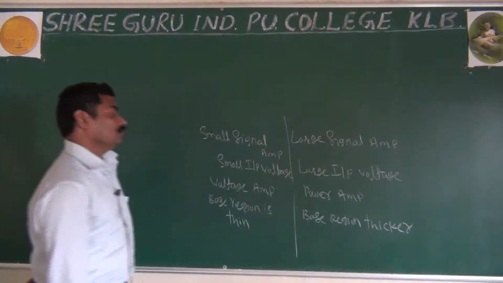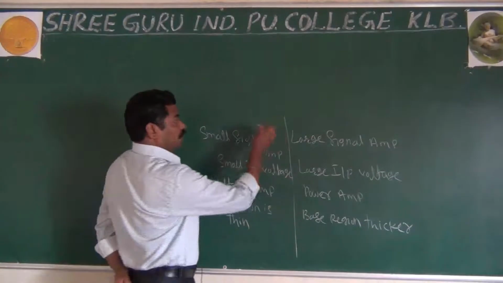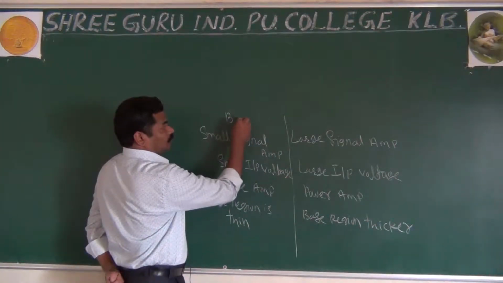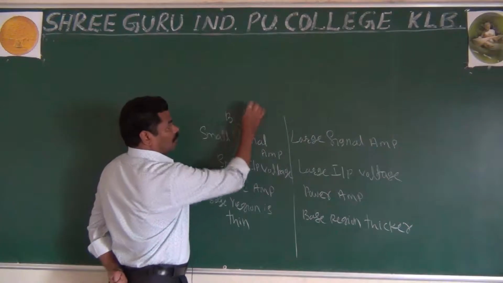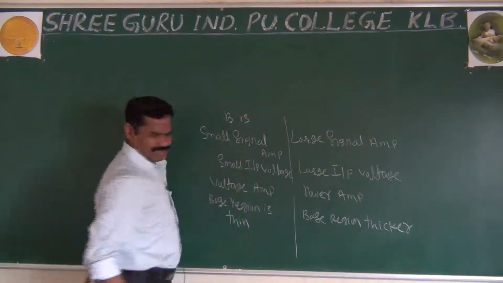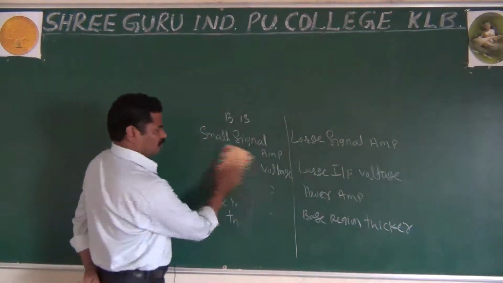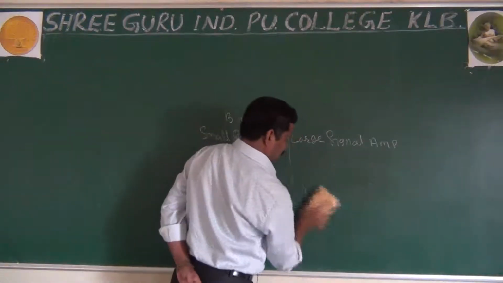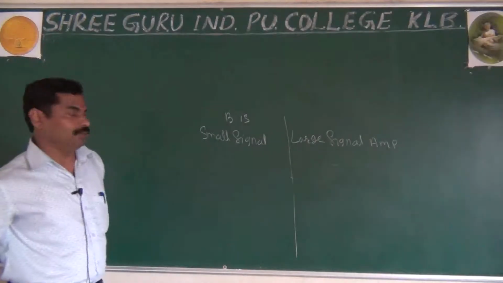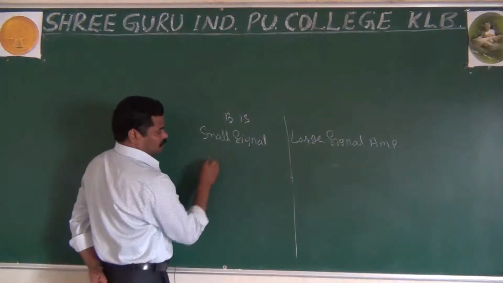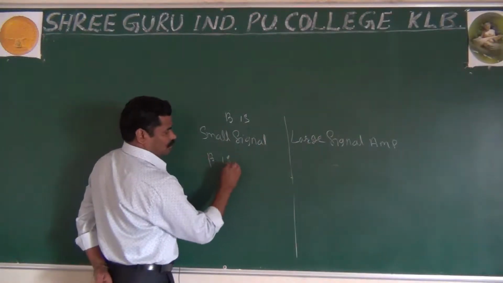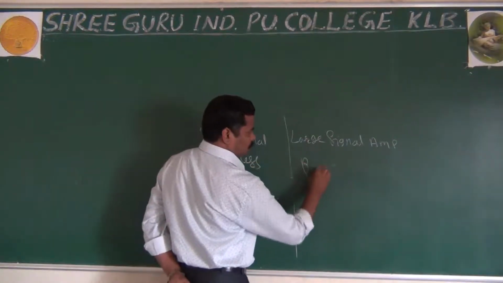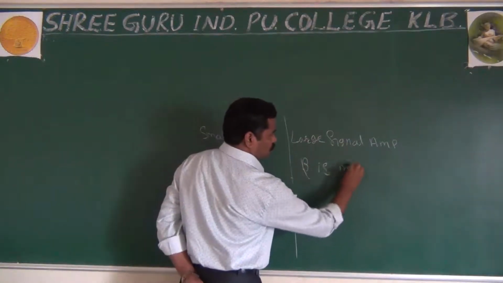And also the beta value: here the beta value is less, and here the beta value is more.